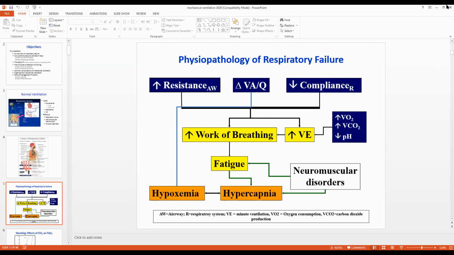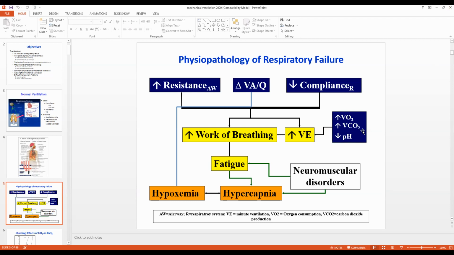The fourth category is related to the body itself. If you have a high acid load, your demands on your respiratory system will increase. In DKA, you have to ventilate with very high minute ventilation, and that will make you fatigue fast.